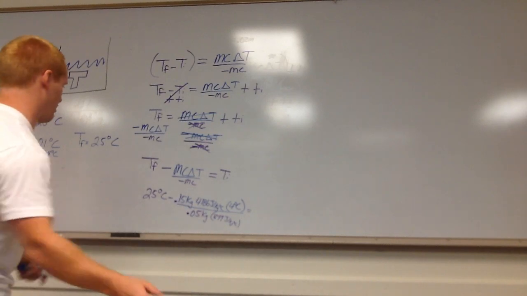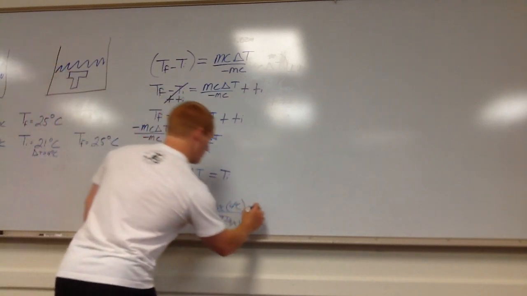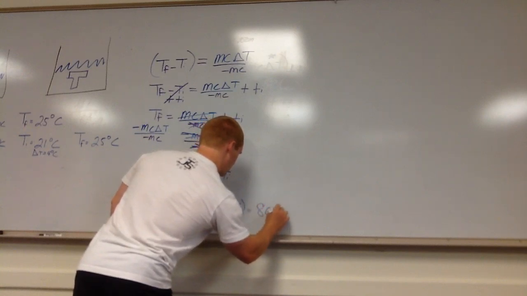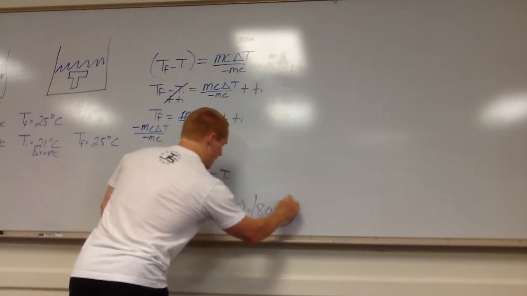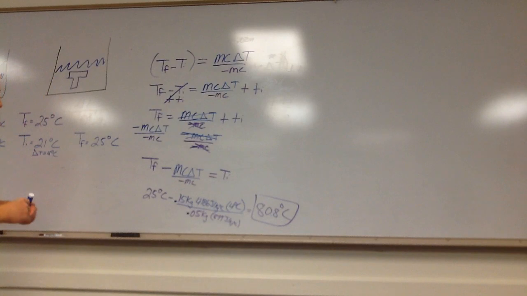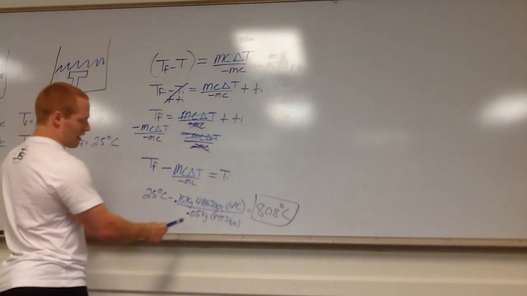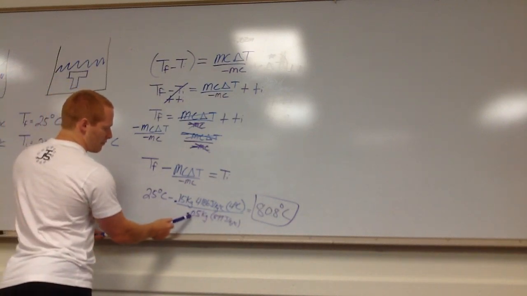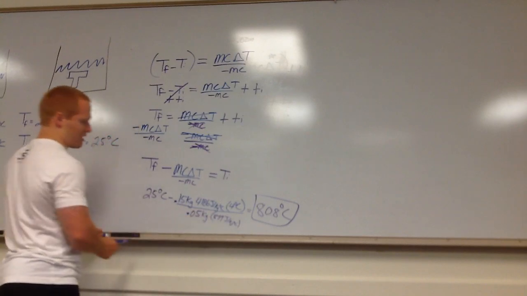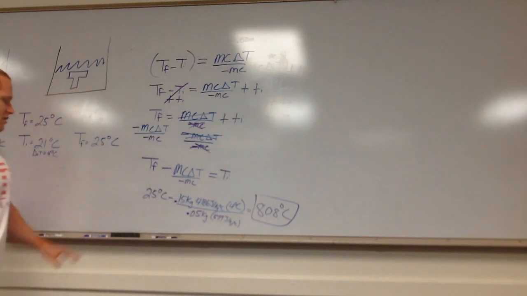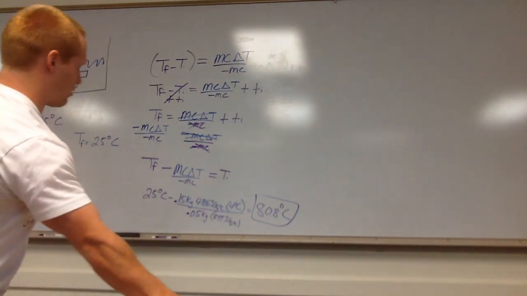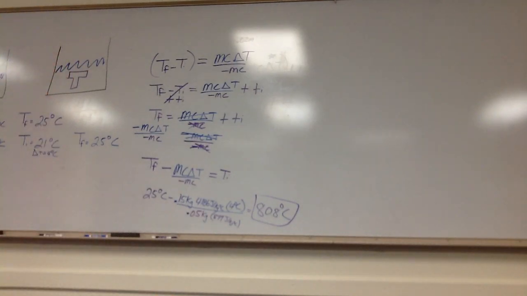It'll be 80.8 degrees Celsius. If you did not get 80.8 degrees Celsius, what that means is more than likely you forgot to divide by 0.05 and divide by 899. A lot of times that's just a calculator error, so make sure you do that correctly. You could also get 80.9, so if I actually rounded correctly, that's what it should have been.